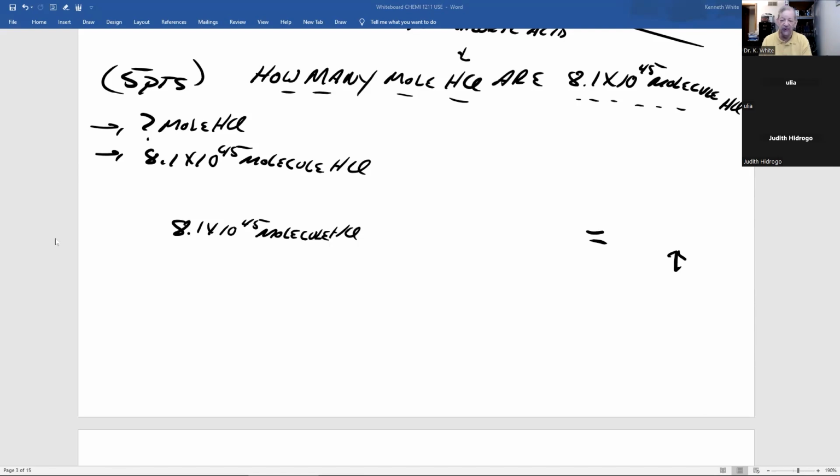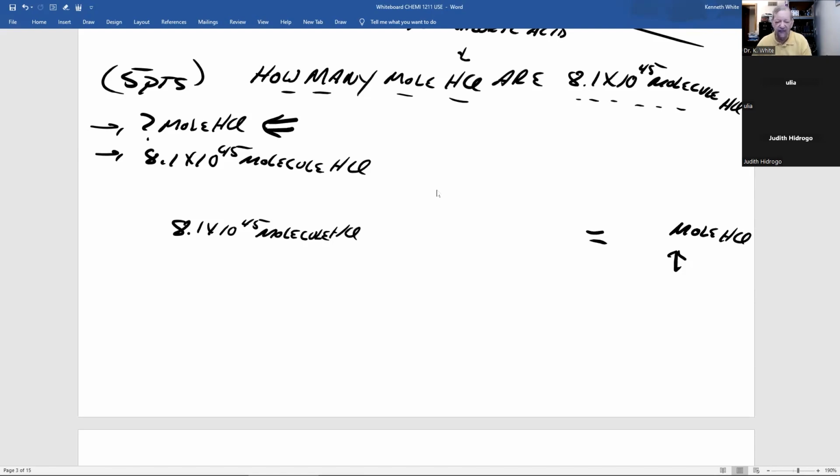Vote yes when you figure it out. By the way, hint, hint, question mark, big hint. All right, my turn. We figured it out right here: we want our answer to be unit-wise moles of HCl.